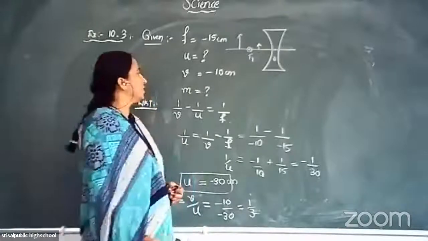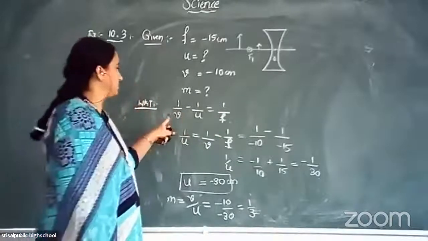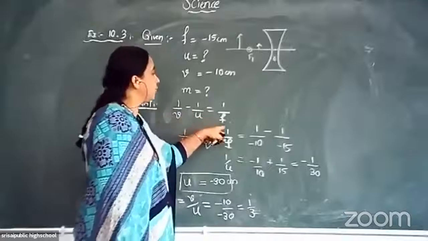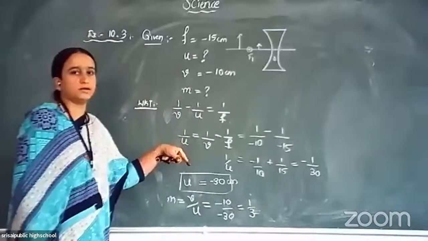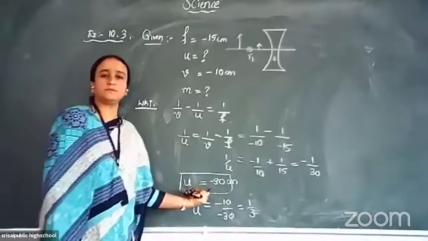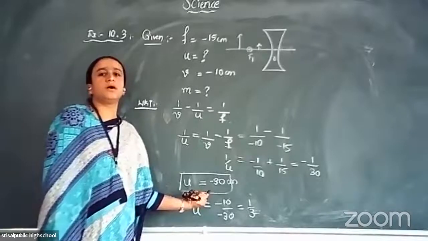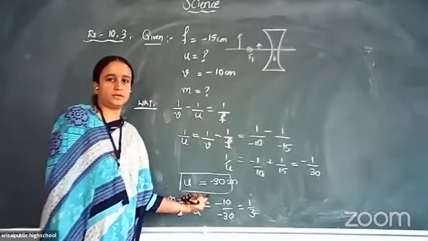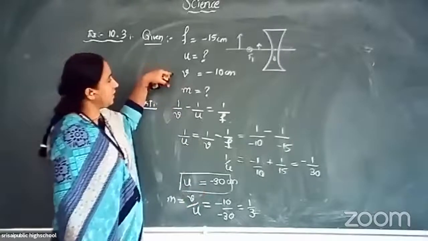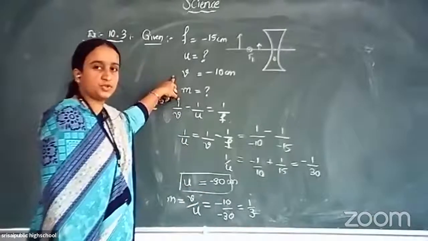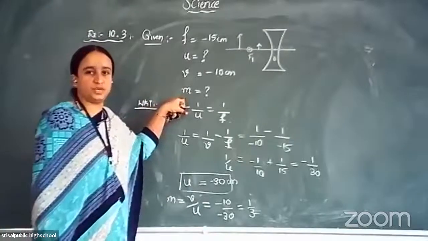Is it clear? Among the 3 terms in your lens formula, they had given you 2 terms: your image distance and the focal length. After using this formula and substituting the given values, first you calculated the object distance. Yes, no? You have calculated object distance. After getting the object distance and having the image distance given, by using these two, you have calculated the magnification.